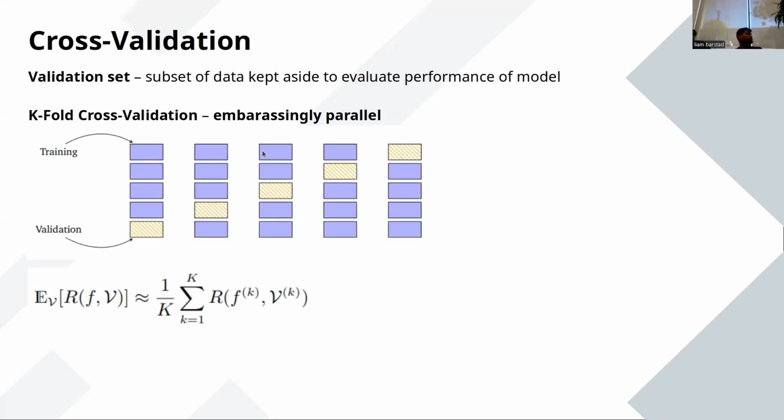Basically you divide your data into different folds, train on all of the folds except for one, and then validate on the last one. They also put this in an equation, but the picture just makes more sense, to be honest.